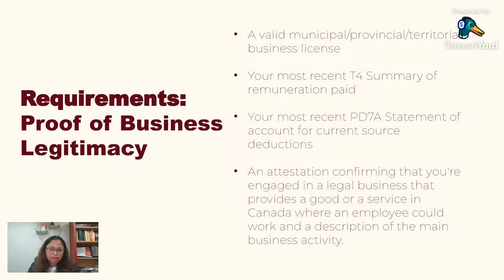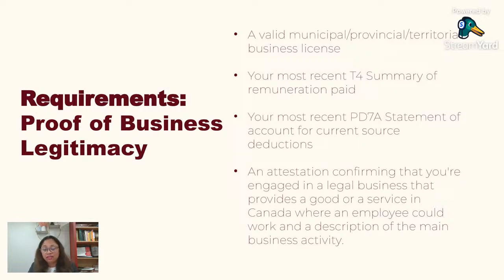So for an employer, what are the requirements to show that they actually need this LMIA? The first and important one is to show that there's enough proof of business genuineness and legitimacy. And how do you show that? Through a valid municipal, provincial, or territorial business license.